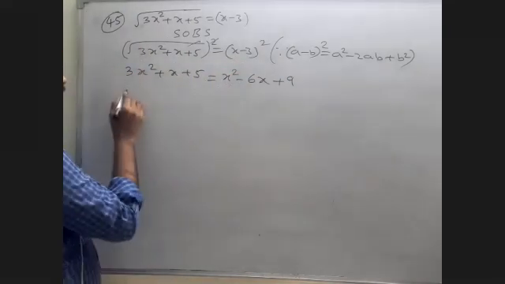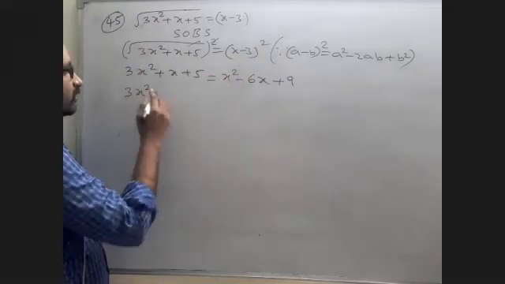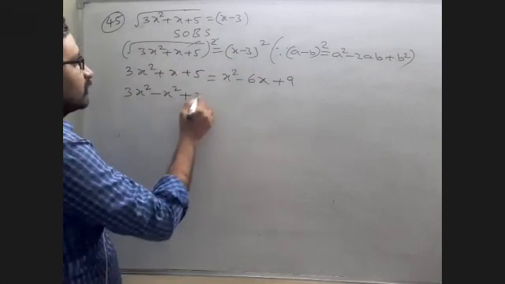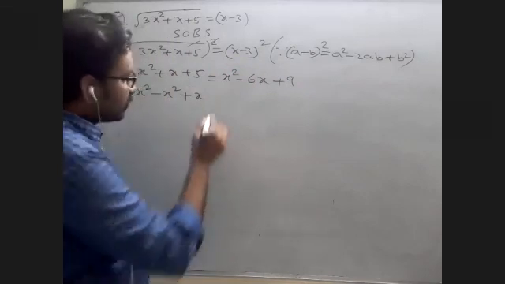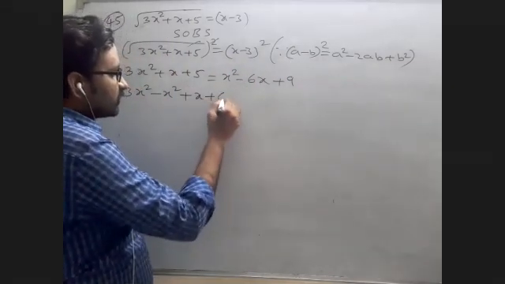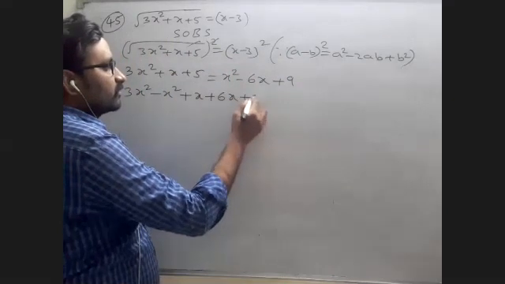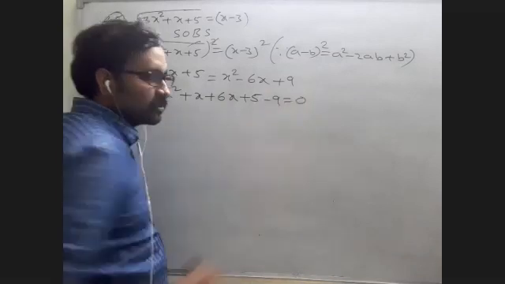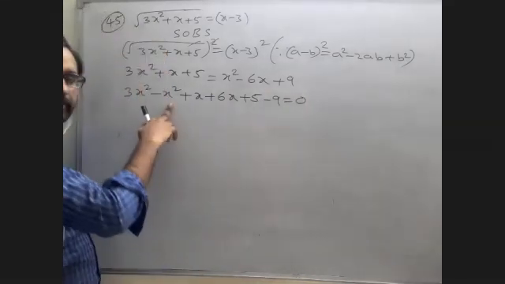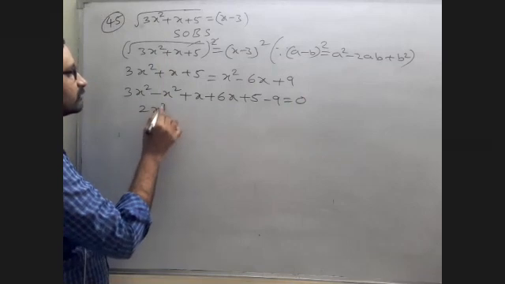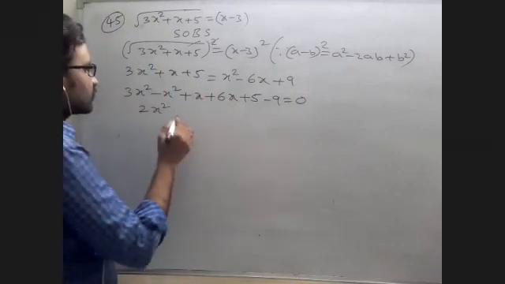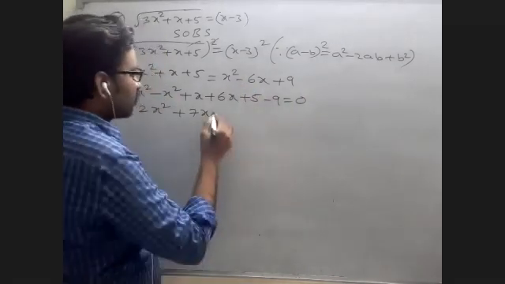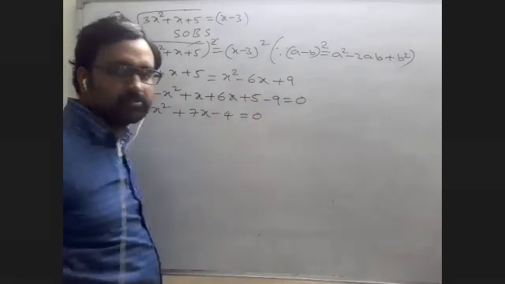First 3x square minus x square, plus x, plus 6x, then plus 5, and minus 9 is equal to 0. Now 3x square minus x square will be 2x square, x plus 6x will be 7x, and 5 minus 9 will be minus 4, equal to 0.